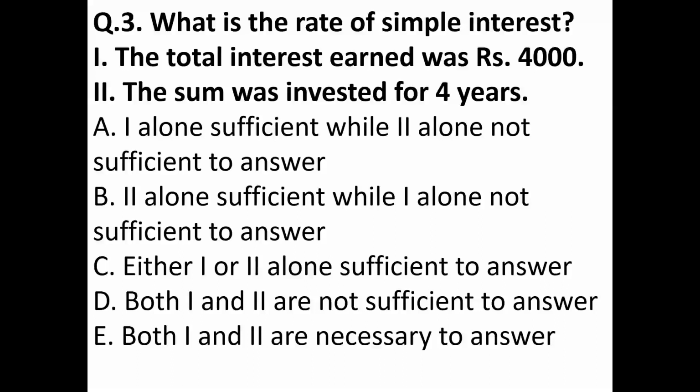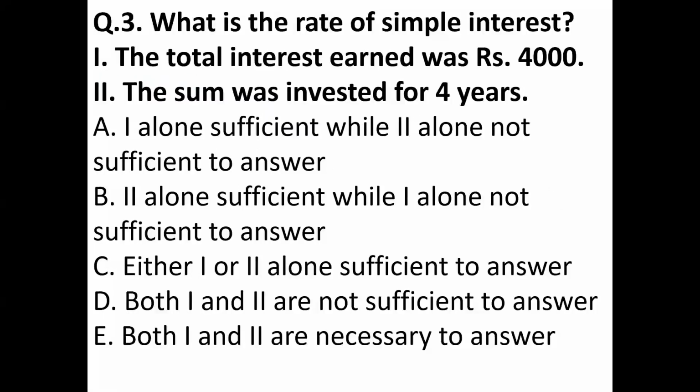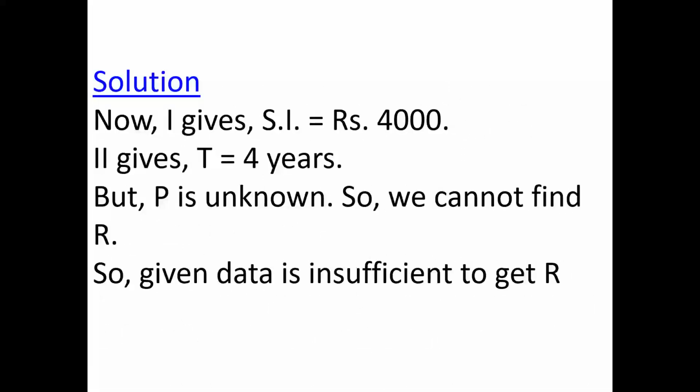Okay, so let's check. So now number 1 gives what? SI equal to rupees 4000. The first one gives simple interest, that is 4000, and number 2 gives time, that is 4 years. But P is unknown, the principal amount is unknown, so we cannot find R. Since the principal amount is unknown, we cannot find the rate of interest.